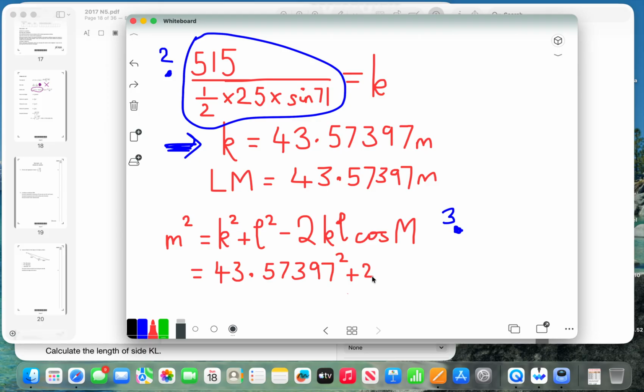So 25 squared minus 2 times 43.57397 multiplied by l, which is 25, and the cosine of M, we have angle M is still 71.